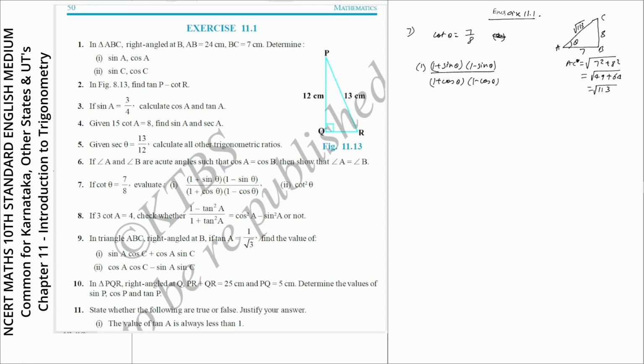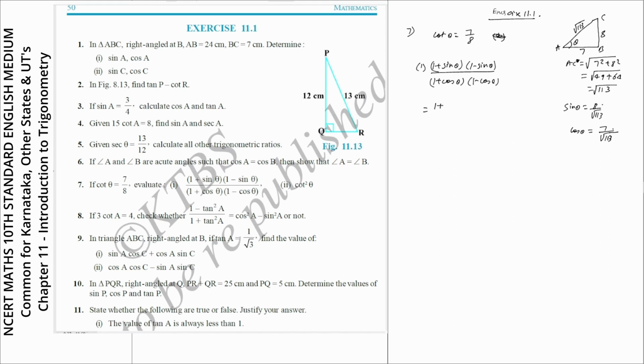What is sin theta? Sin theta is opposite by hypotenuse. Sin theta now is 8 by square root of 113. Then cos theta is equal to adjacent by hypotenuse, that is 7 by square root of 113.